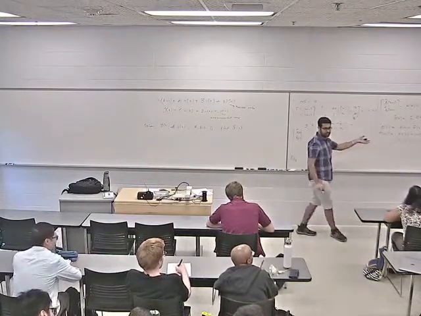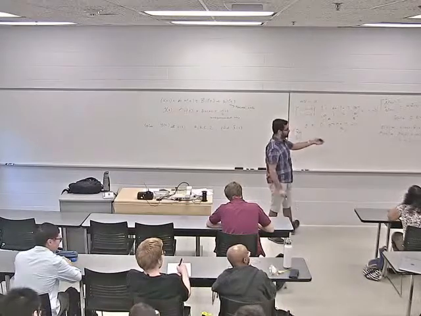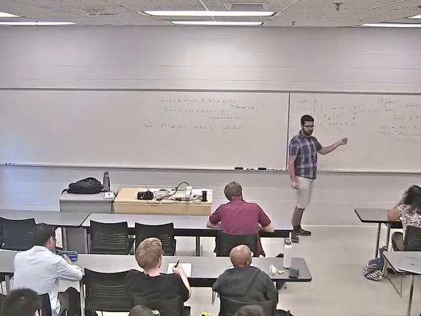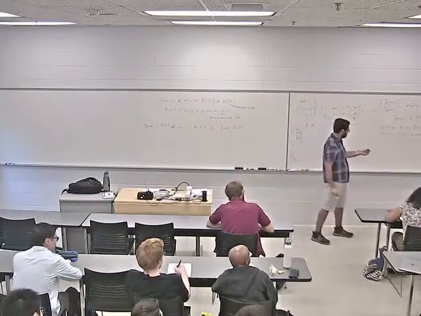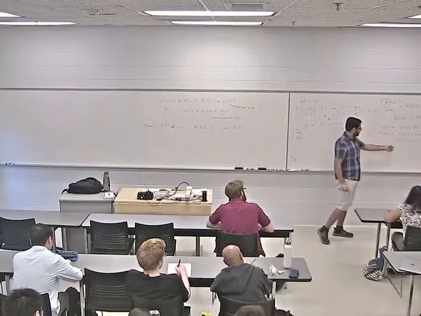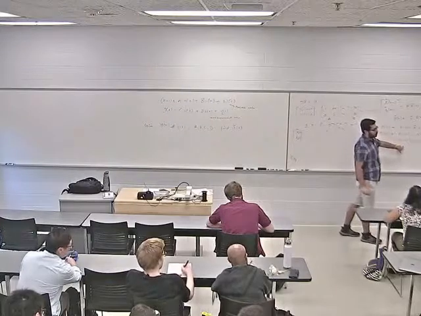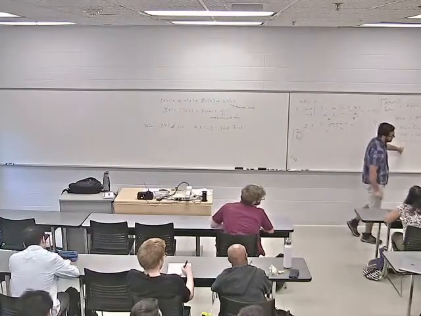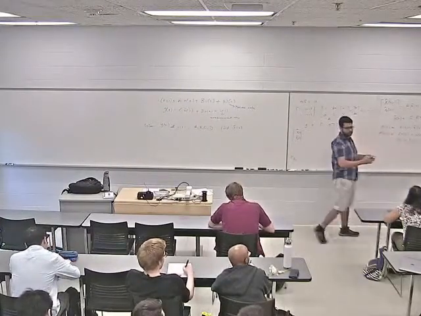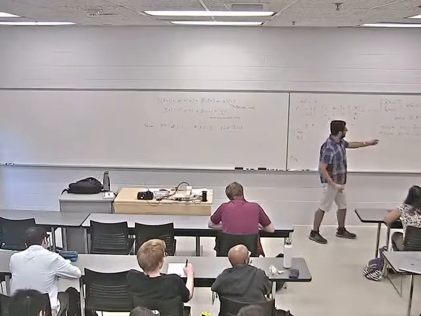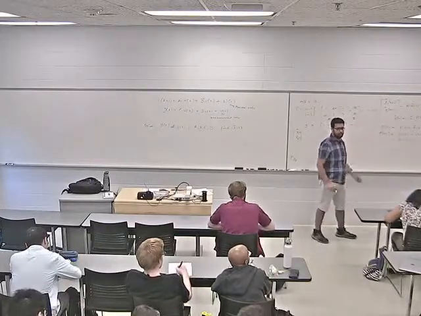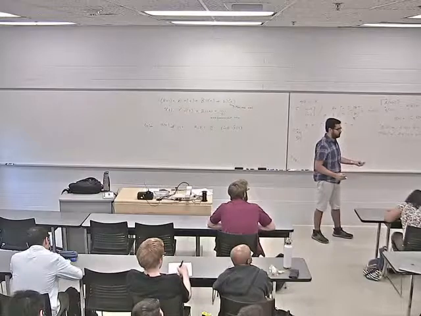Under what condition is this error going to go to 0? That's what we want, right? When your estimates converge to your true states, error is going to go to 0. If you can put all the eigenvalues of this matrix inside the unit circle, then your error will go to 0. When is that possible?